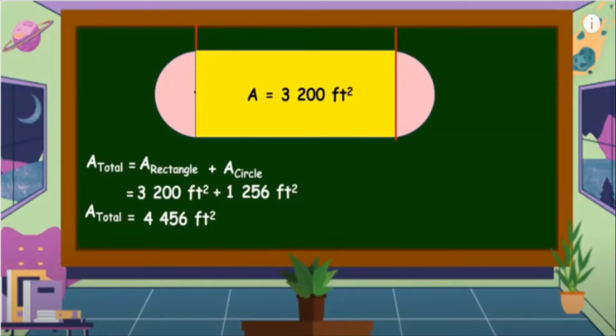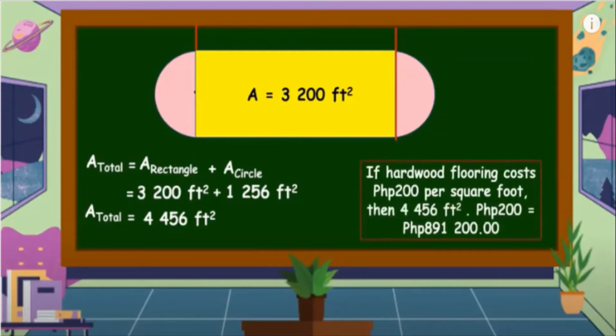Now the next thing we are going to do is find the cost of the hardwood if every square foot is equal to 200 pesos. If the hardwood flooring costs 200 pesos per square foot, then we multiply 4,456 by 200 pesos per square foot.